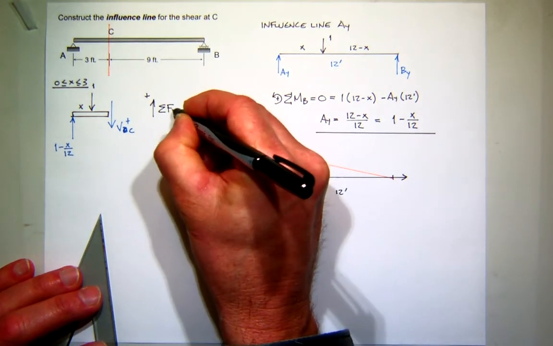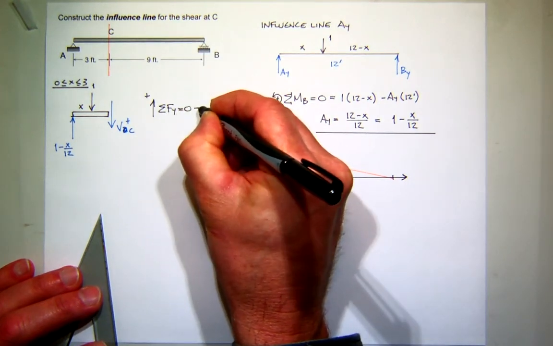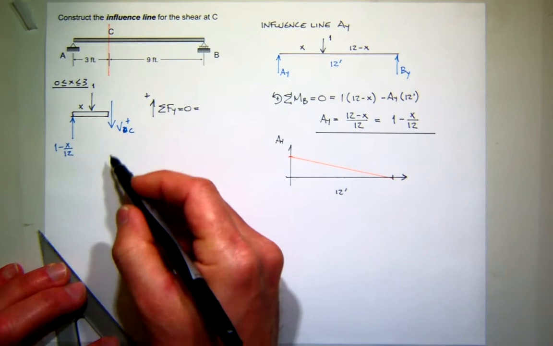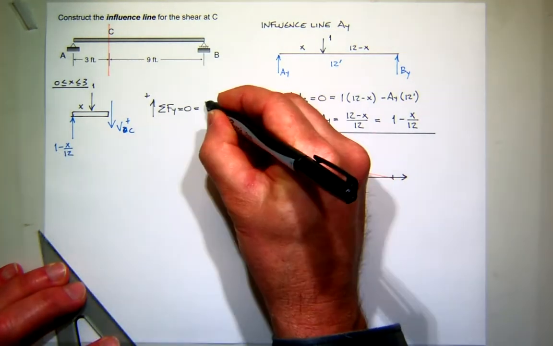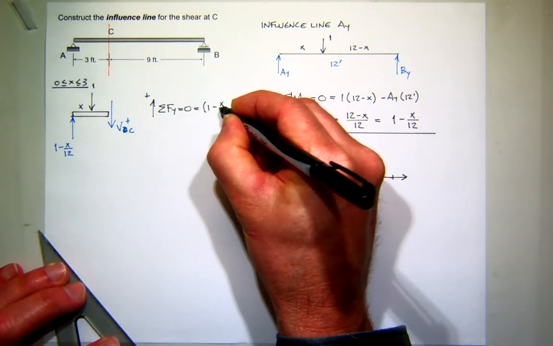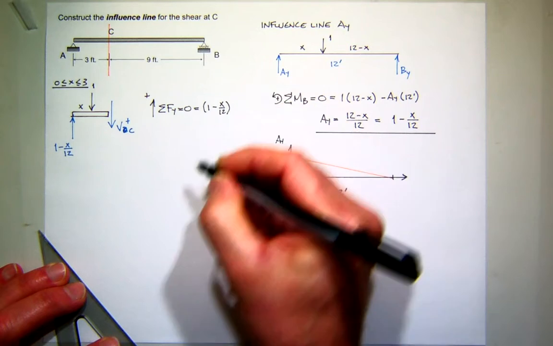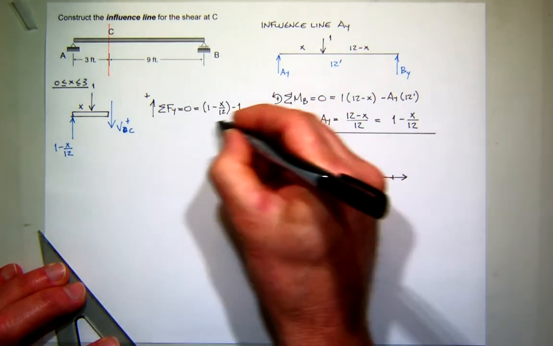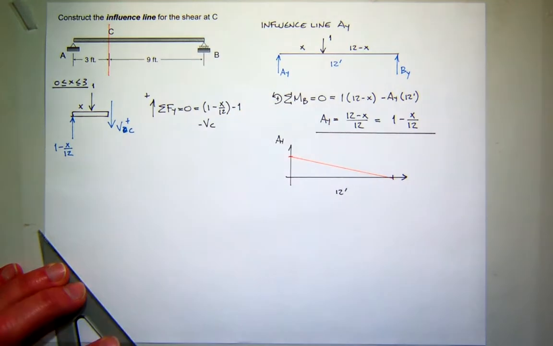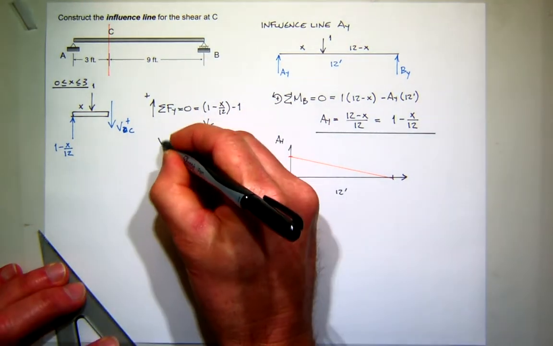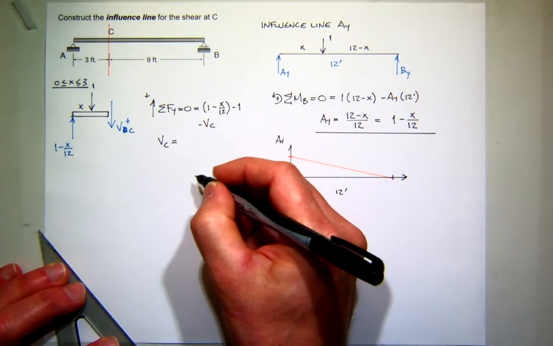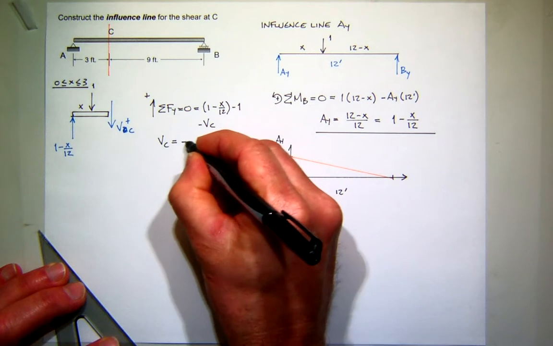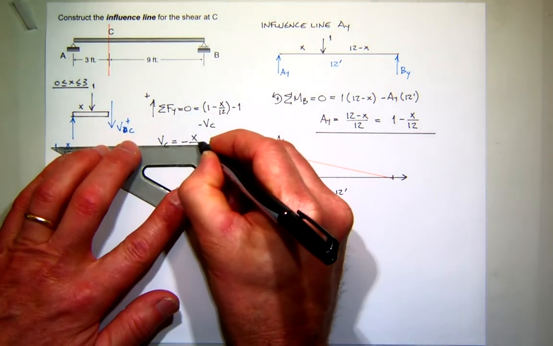So we'll sum forces in the y direction, make sure they're in equilibrium. So I'll start with what I have. I've got this force acting up, that's 1 minus x over 12. Then I have minus 1 acting down, and I have minus my shear at C acting down. So let's solve for the shear at C. And it looks like I get minus x over 12.